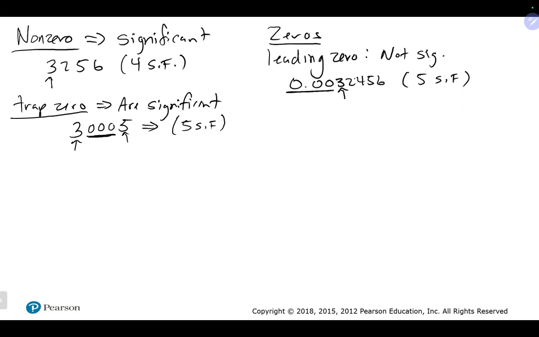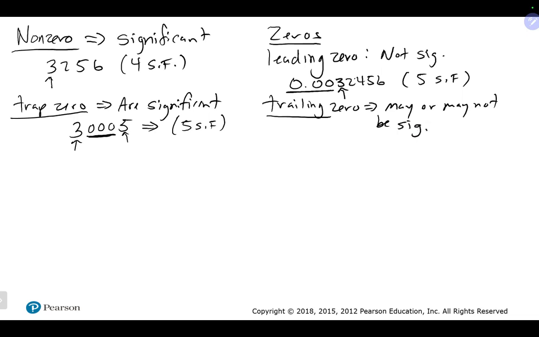Now, the 0 that I think gives people the hardest problem is what is sometimes referred to as the trailing 0. These are the zeros at the end. And the trailing 0 may or may not be significant.